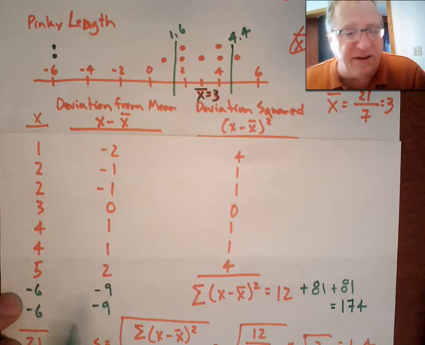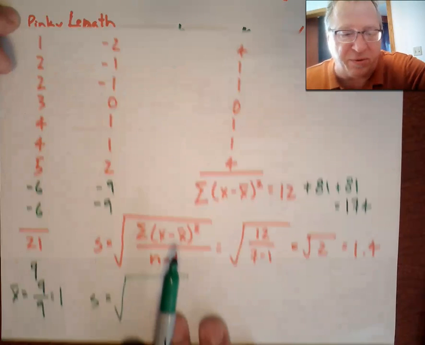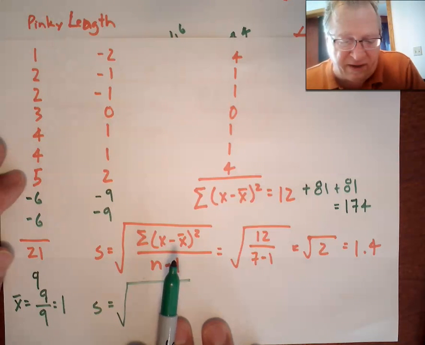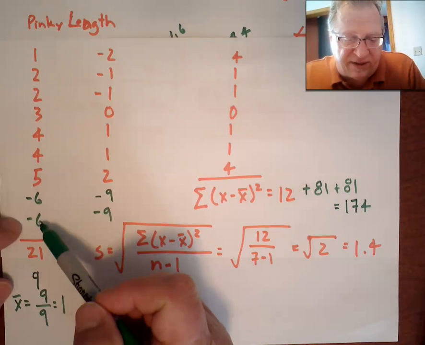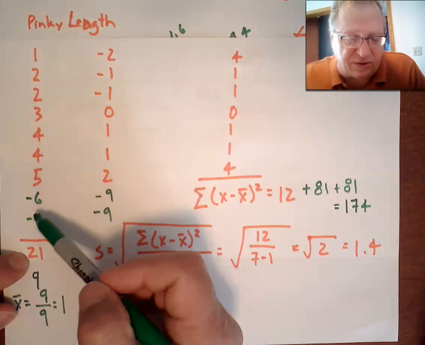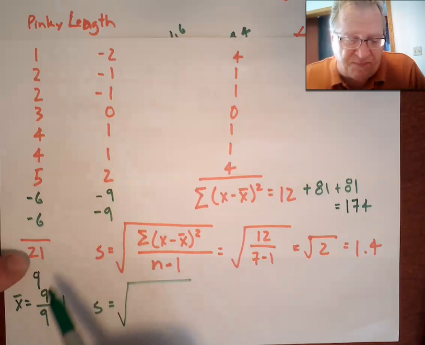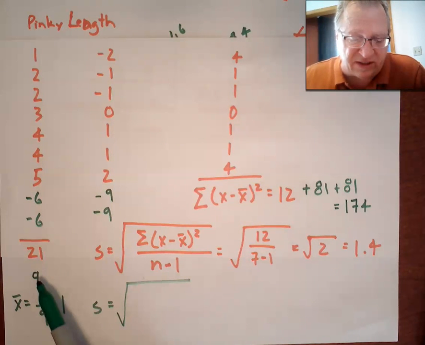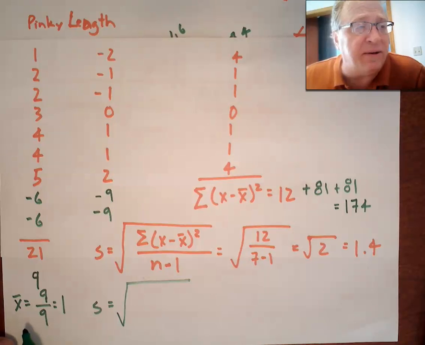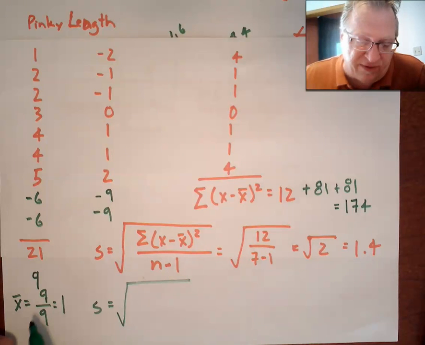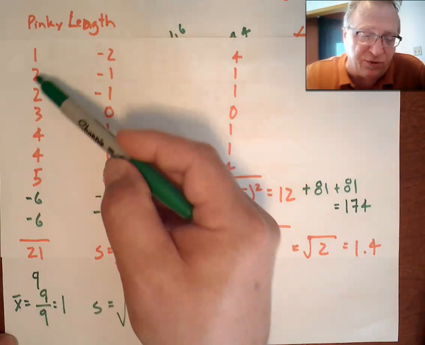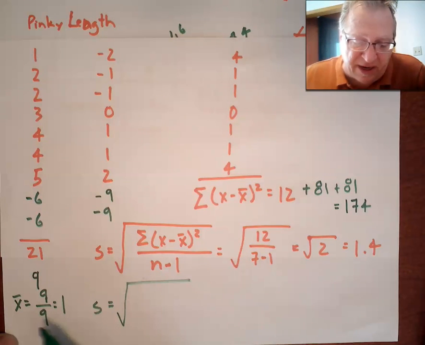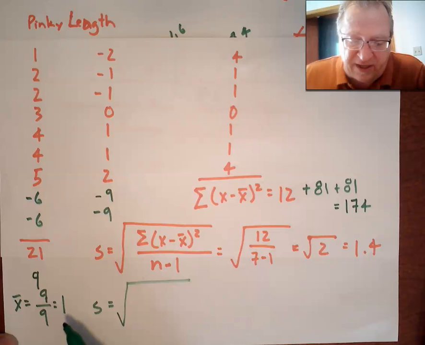When we add those values, the sum of the values was 21, but now if we subtract 12, the sum of the x's is 9. To calculate our mean value, we now have 1, 2, 3, 4, 5, 6, 7, 8, 9 values. So we have 9 divided by 9, and our new mean is 1.0.